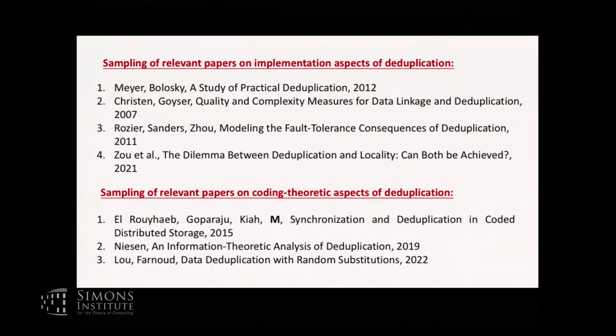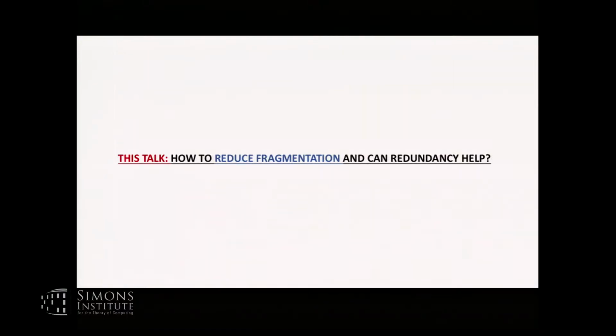Then my former student, Farzad, and his student started working on deduplication, but again, not from the perspective of analyzing locality, but more from the perspective of, oh, what if you have non-exact copies of the same file, which is an important topic. What if someone took an image just a second later than someone else? The image is almost identical, but there are some tiny differences. Again, nothing about fragmentation.